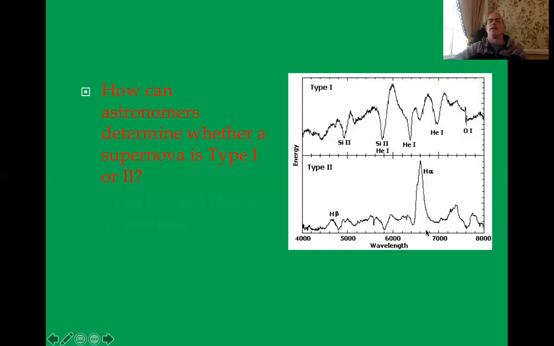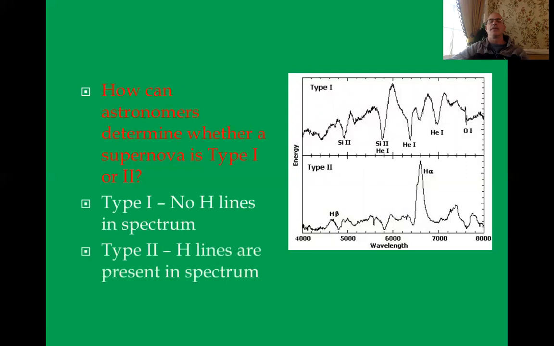And so that's how you can tell. You look at the spectrum, and if there's hydrogen, it's a type 2. If there's not hydrogen, remember the reason for that is that a type 1A supernova came from basically a ball of carbon and oxygen that exploded, and there was no hydrogen there.